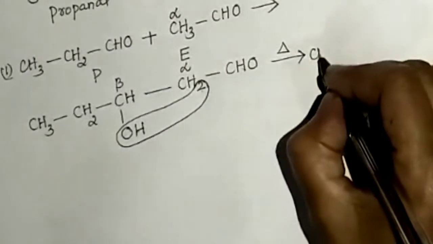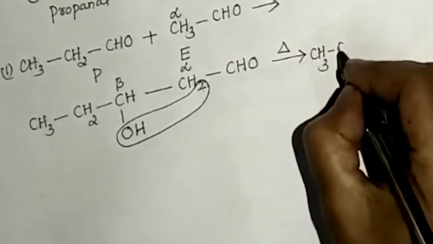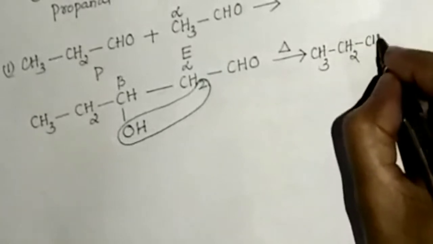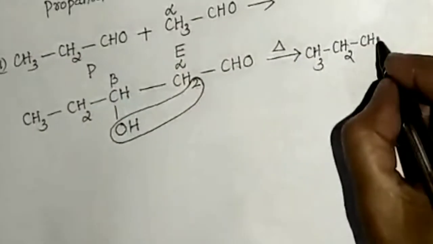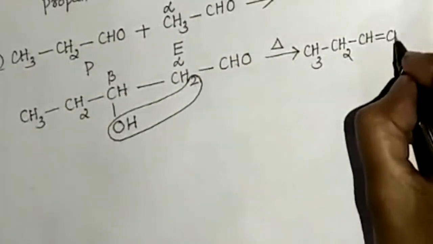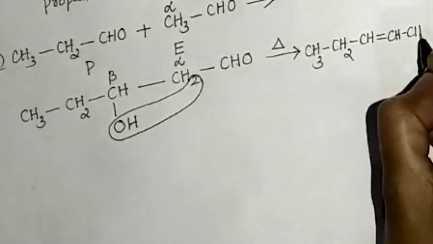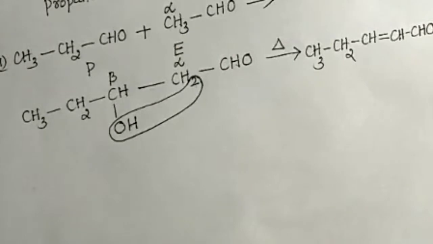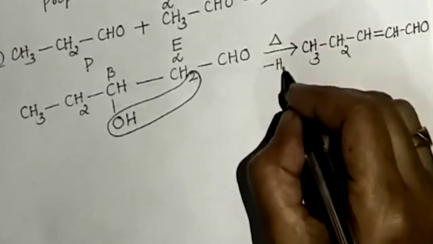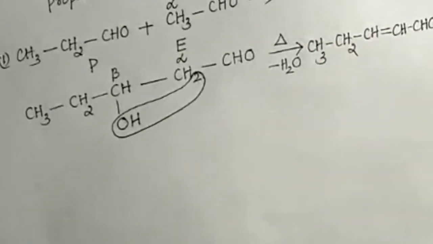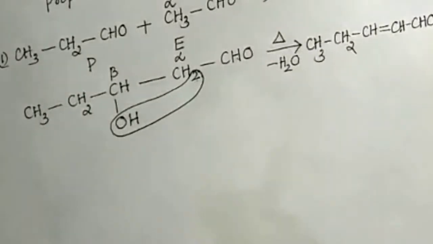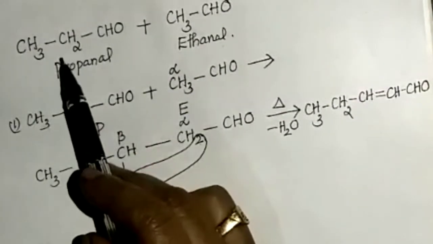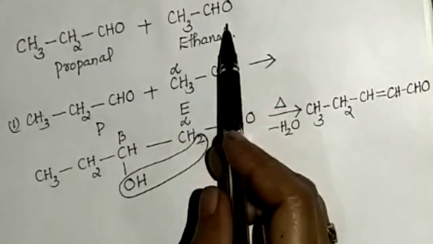Then we get the product CH3CH2CH=CHCHO. This is the aldol condensation product. Water molecule is eliminated from here. So the first possibility of cross aldol condensation is propanal plus ethanal.